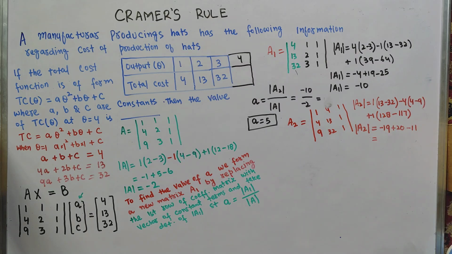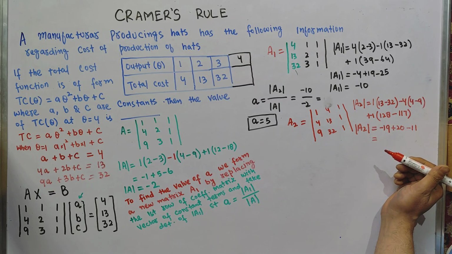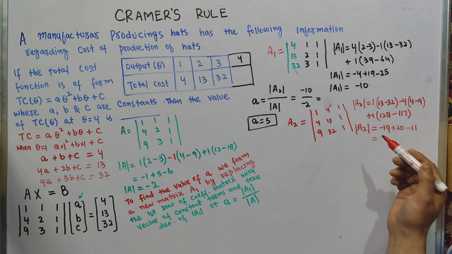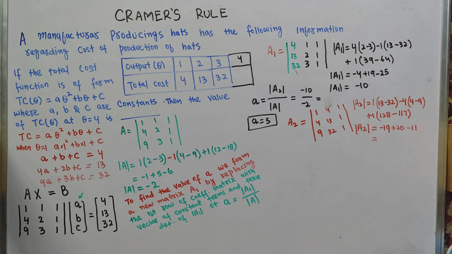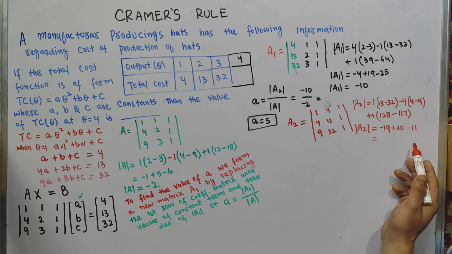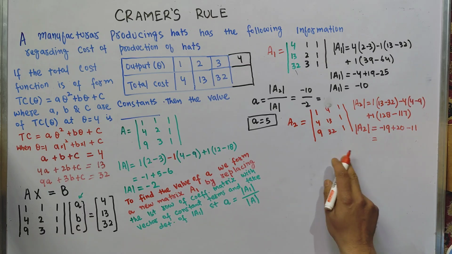Okay, let me see. 20 minus 11 comes out to be... okay, we got minus 19 plus 20 and minus 11. So let me see what happens here. 20 minus 11 comes out to be 9, so we have minus 19 plus 9.